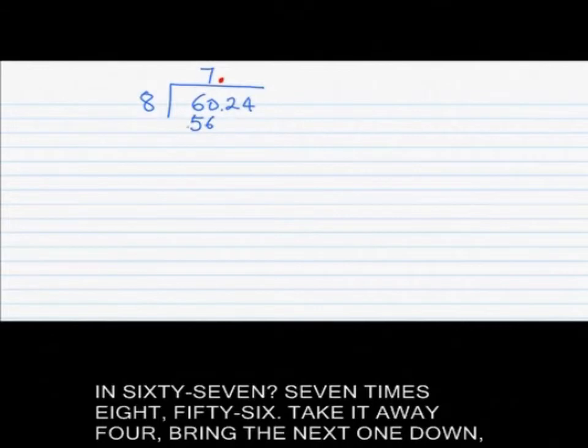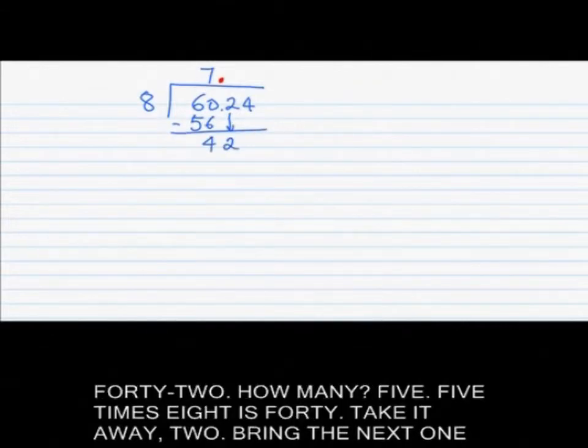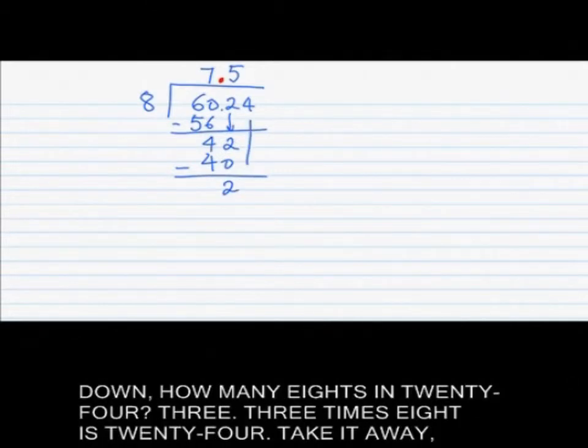Take it away. 4. Bring the next one down. 42. How many? 5. 5 times 8 is 40. Take it away. 2. Bring the next one down. How many 8s in 24? 3. 3 times 8 is 24. Take it away. 0.